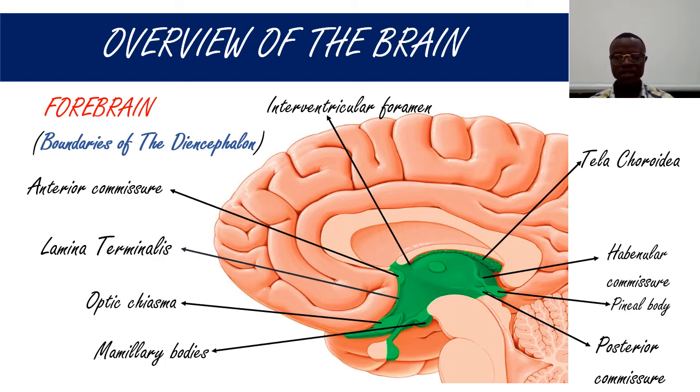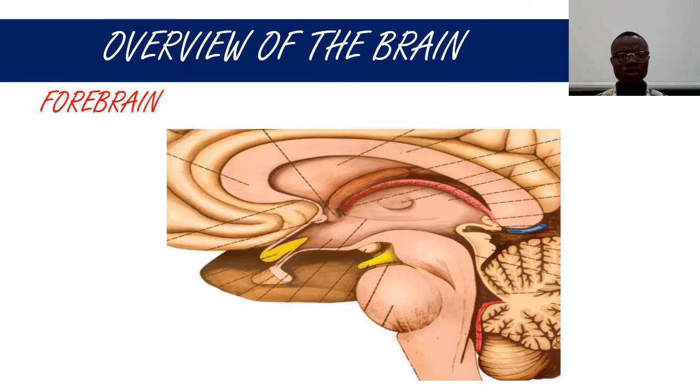Next, we'll pay attention to the structures that are located within the diencephalon. What are the structures? Let's move on. Next, we will continue our discussion looking at the contents of the diencephalon. If you can recall, the diencephalon has the third ventricle located in the middle.